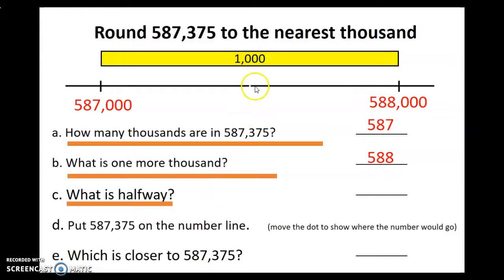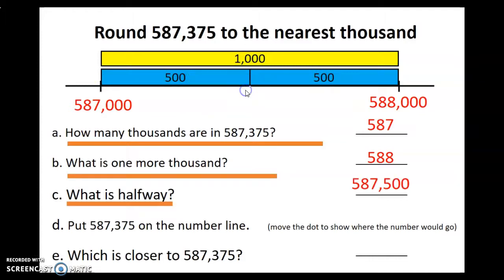I want to find the halfway, so what's half of 1,000? It's 500 and 500. So my halfway number is 587,000 plus 500 more, which is 587,500.